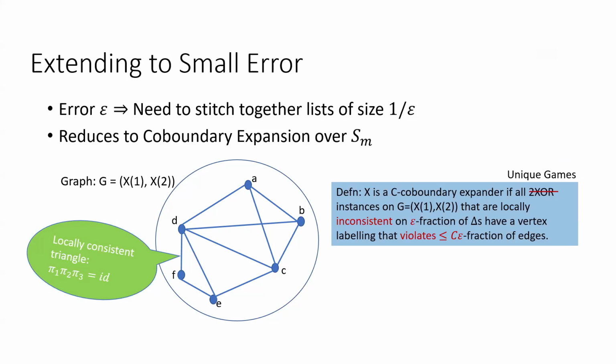Whenever the instance is consistent on most angles, there's a labeling that satisfies most edges. And the same proof that we did, we would instead find a unique games instance, use Coboundary expansion in this way, and then find a global function.